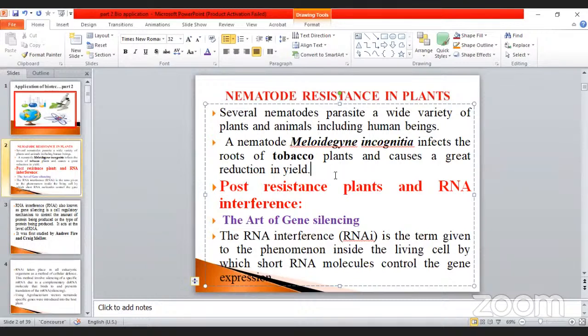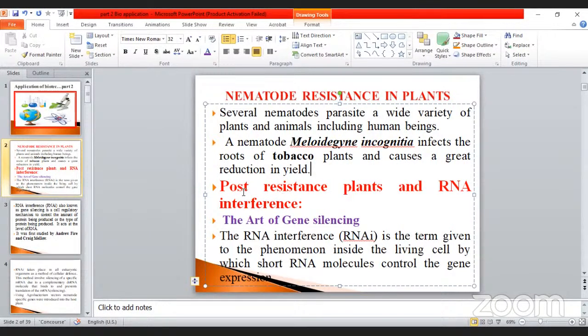Particularly, they ask the question about this nematode: what will happen, it affects the entire yield. That is very, very important. Sometimes they may ask the question: the tobacco plant's production will be completely reduced by which nematode? Likewise, they may ask questions.